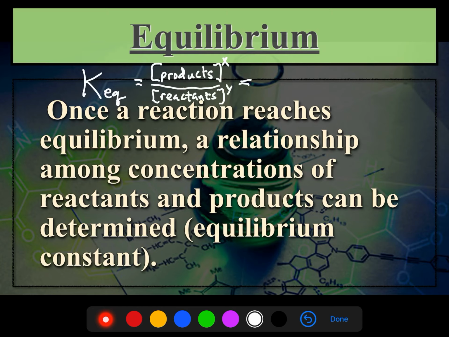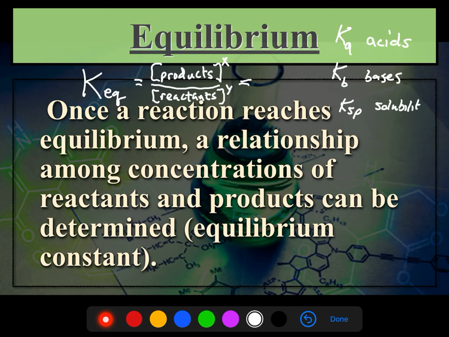Now, in the other two chapters, 23 and 24, they talk about, for instance, Ka. And Ka is products over reactants when we're dealing with acids producing ions. And then they're going to talk about Kb, which is products over reactants for bases producing ions. For Ksp, it's products over reactants when we dissolve a precipitate, so solubility.